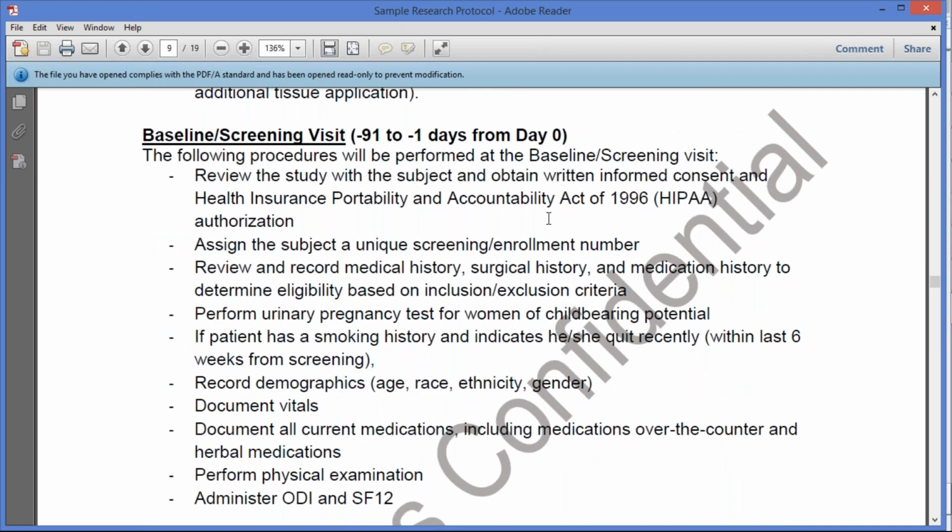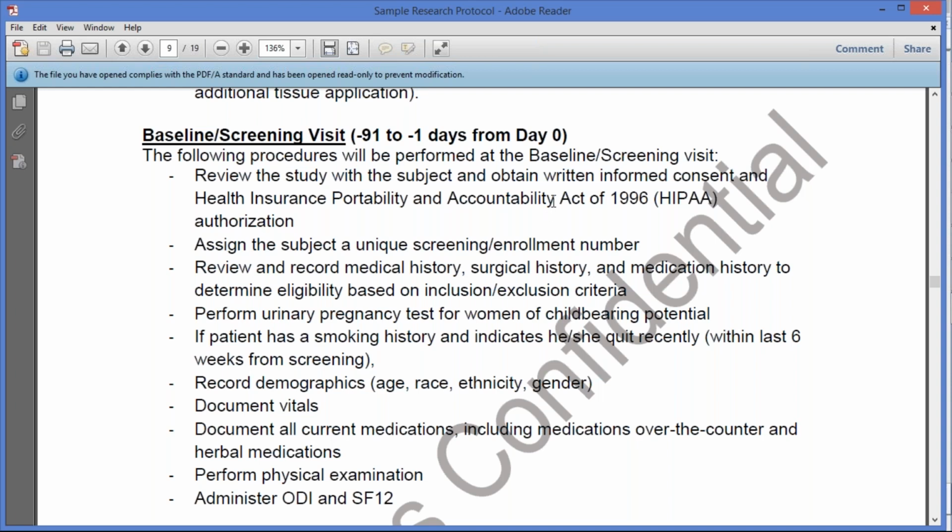Then the treatment: the treatment group receives Revita, and the control group receives no application, just traditional, standard surgery. The baseline visit will happen before the treatment, up to 3 months before. It is showing -91, 3 months before, and ends 1 day before, so -91 to -1. Day 0 is the treatment day, the day the surgery happens.